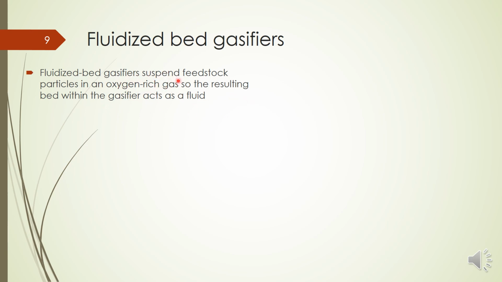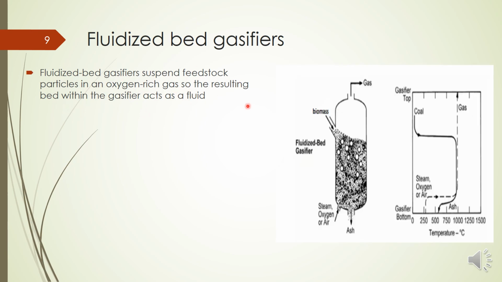We convert this into a fluidized state. So even though they are solid particles, they will behave as a fluid with the help of this gas supply from the bottom.